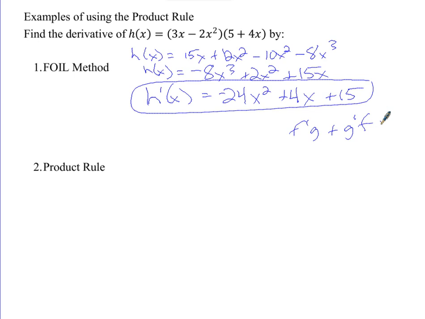All right, so we need to define what is f and what is g. This guy right here is going to be f. This guy right here is going to be g. Now notice that it is two functions now. This is f and this is g, and they're being multiplied together. That's the crucial thing that you see in order to use the product rule. So I'm going to go straight into h prime of x equals.